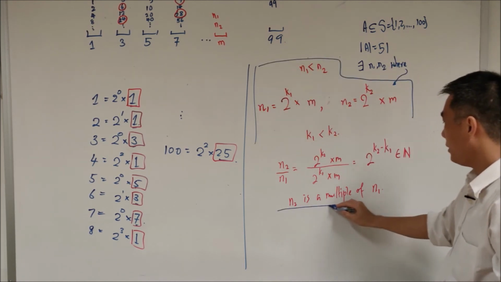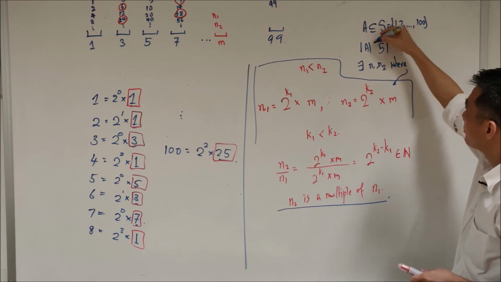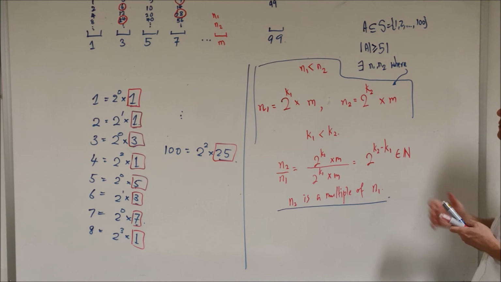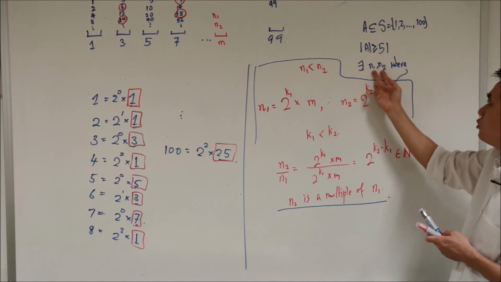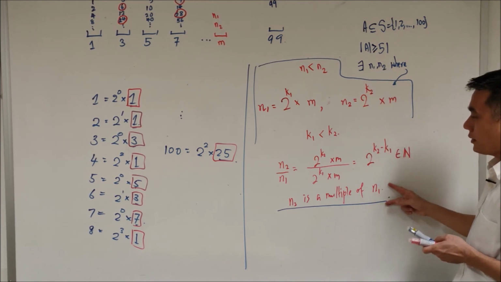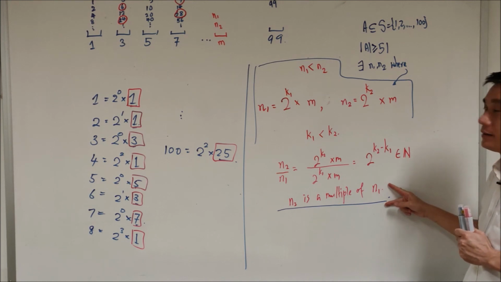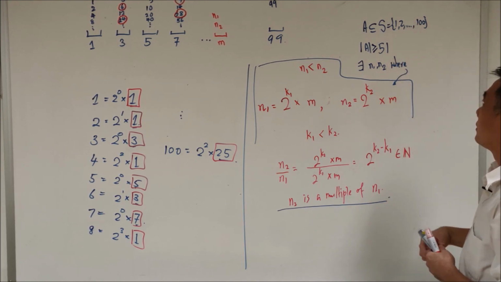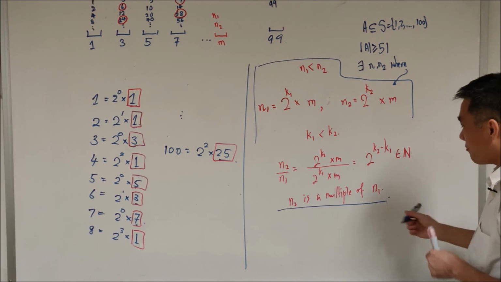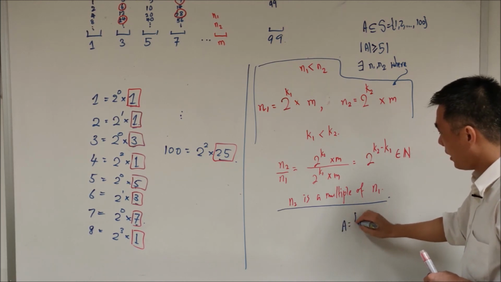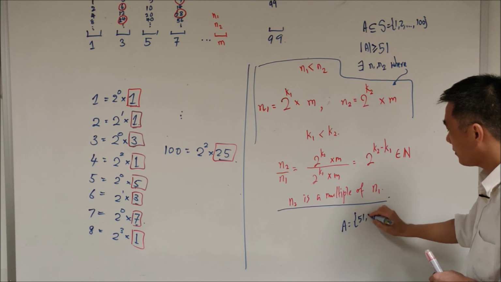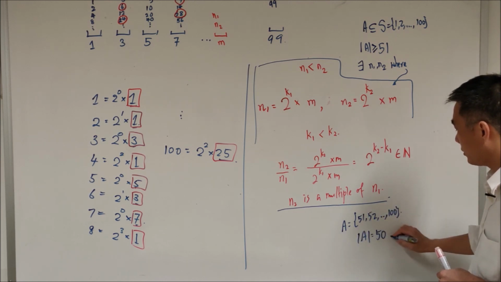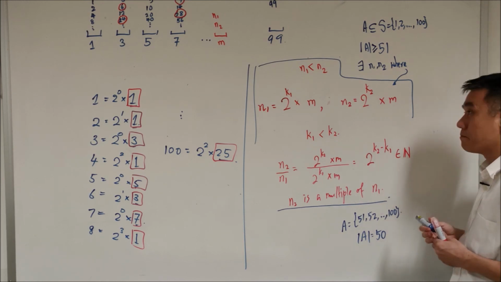You will have a contradiction. To be more precise, if the size is greater than or equal to 51, then there must be 2 numbers such that one is a multiple of the other. So this means that 50 is the maximum, and that 50 is achieved when A is 51, 52, all the way to 100. So this is the maximum number.